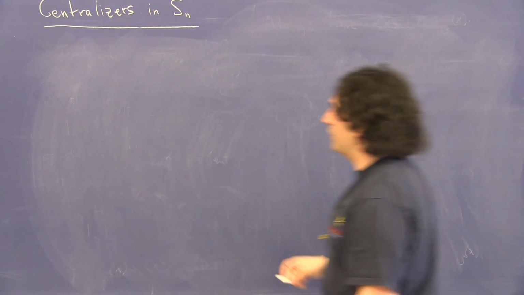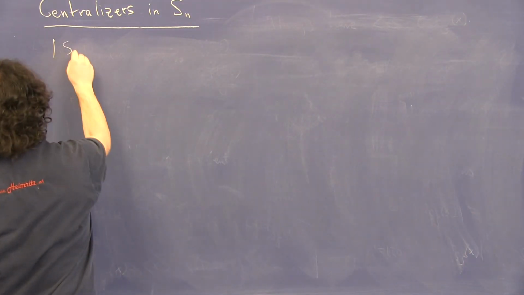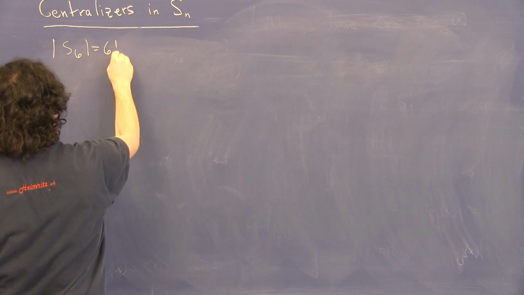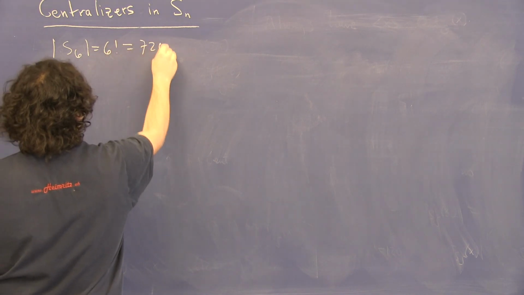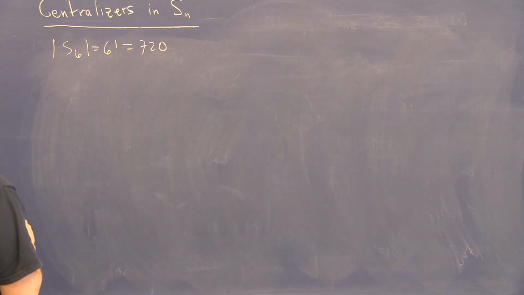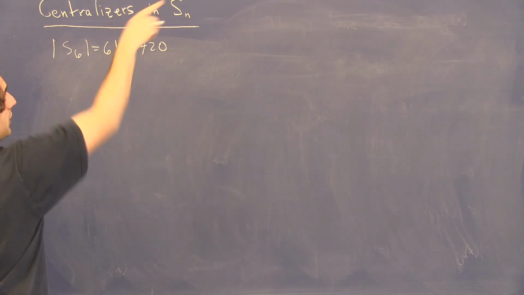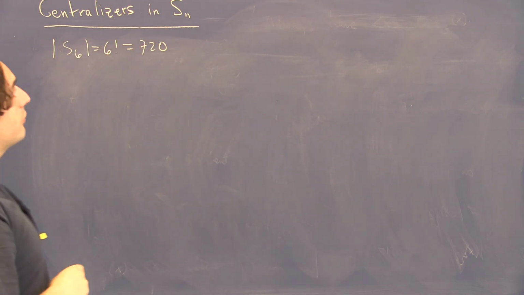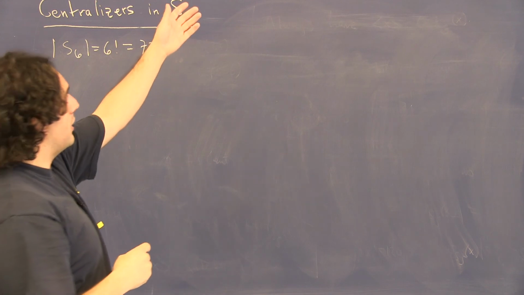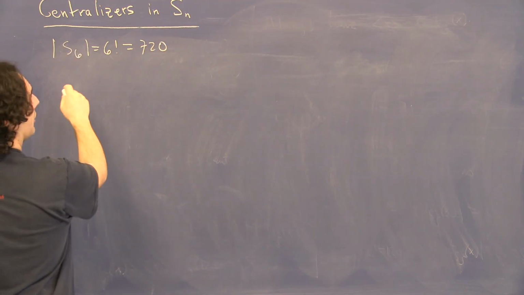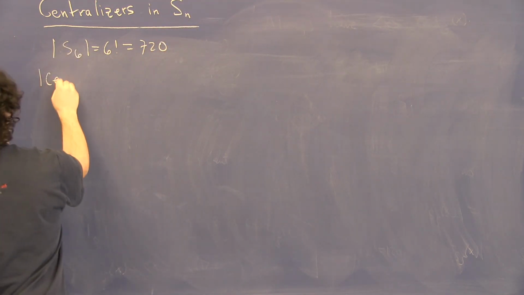All right. On the other hand, I know that the size of S6 is 6 factorial, which is 720. So by the relation that I have on that top board over there, I can now obtain the size of the centralizer.